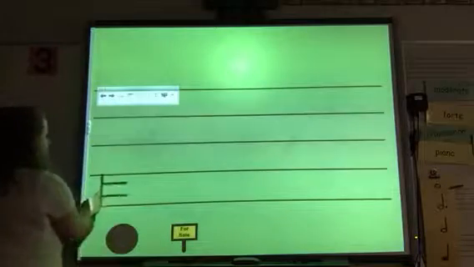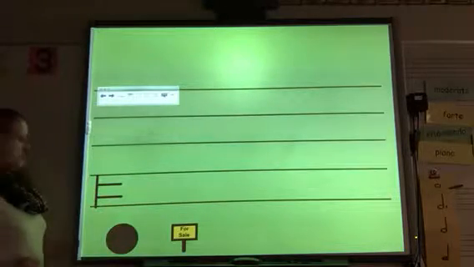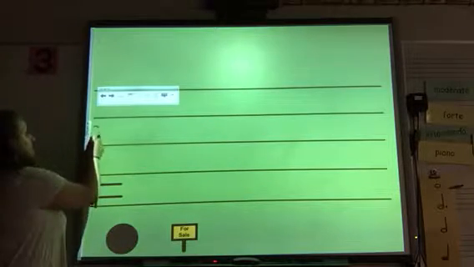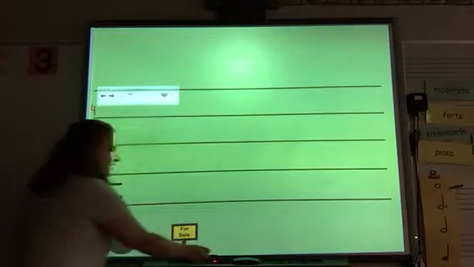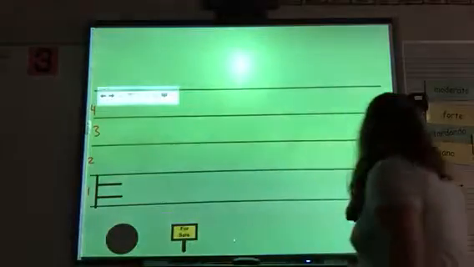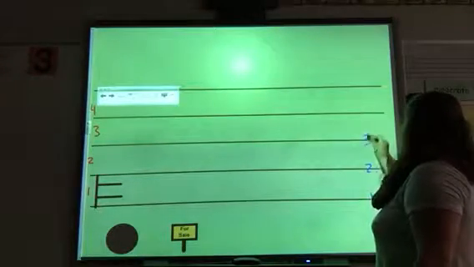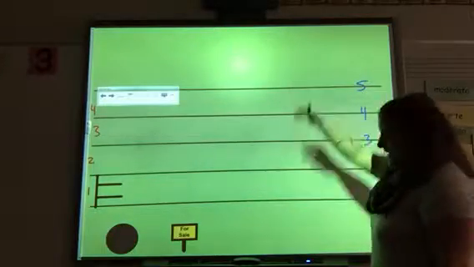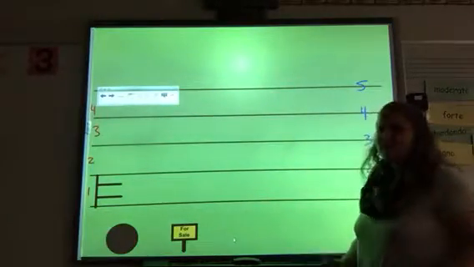I'm going to put my do key up again. Here's my do key. It's telling me that do is in the first space, and we know our spaces are numbered 1, 2, 3, 4, and our lines are also numbered 1, 2, 3, 4, 5, and then our staff goes from low to high, right? And I can put my pitches in.